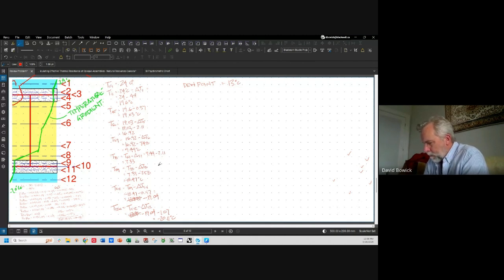T78 is plus 7. T56 is 16.92. T67 is 9.44. So T56 in here is 16.92, T67 is 9.44, and it's going to happen in between there.